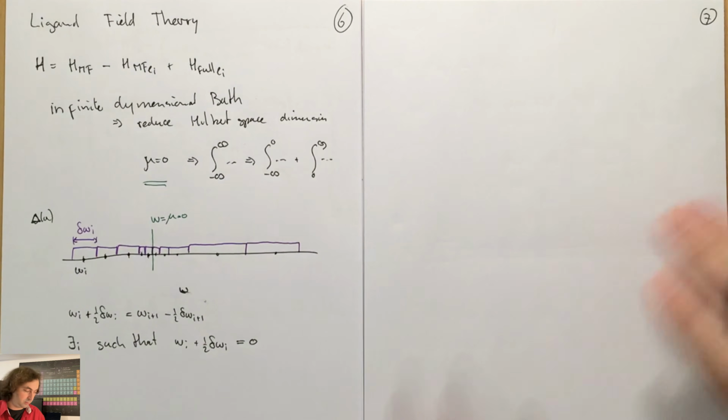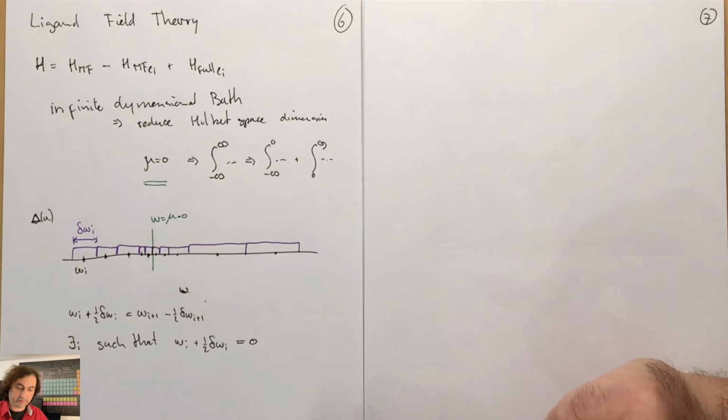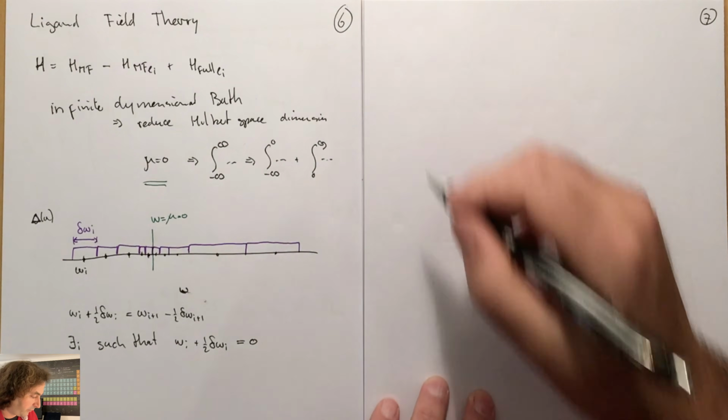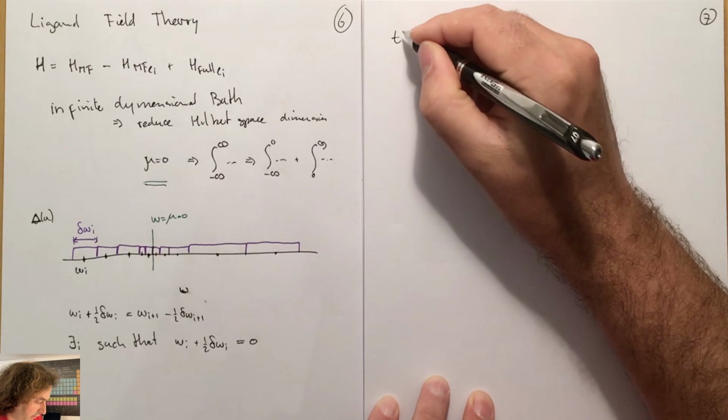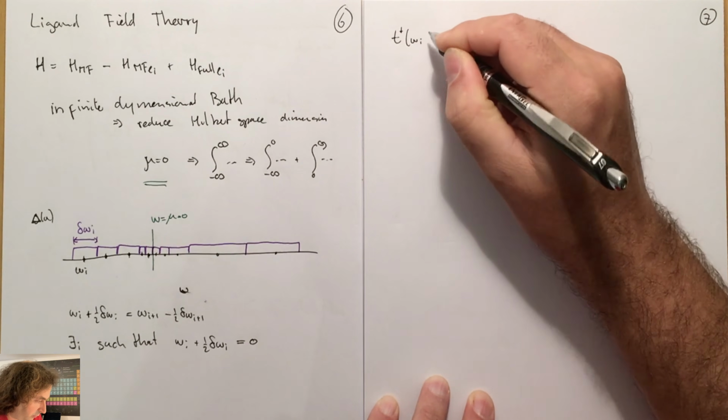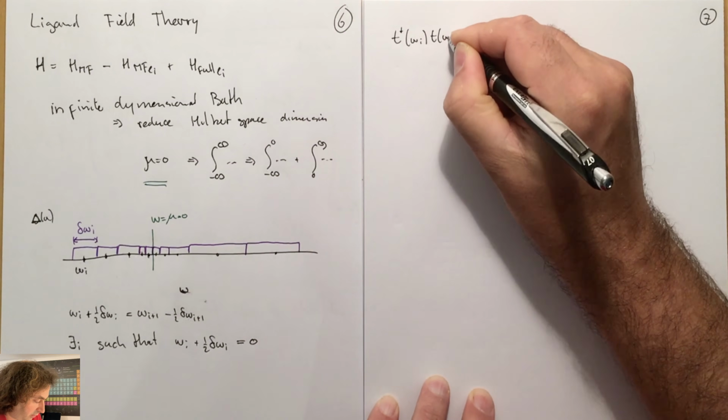Now, when you want to calculate what the hybridization strength at each energy omega i should be, one can realize that you would like to keep the moments of your hybridization function, or your local moments of your hybridization function, as conserved as possible. And with that you can define integral equations for your hybridization.